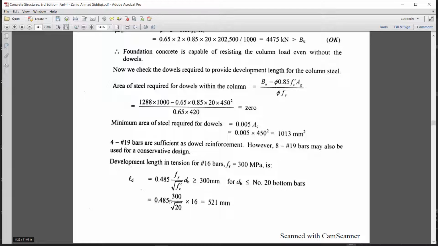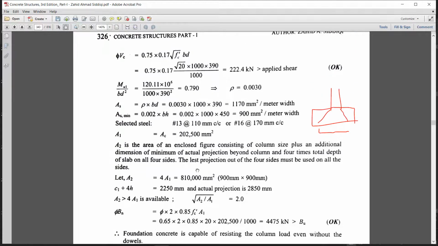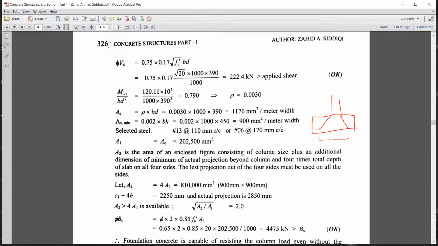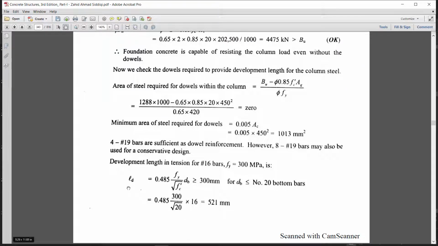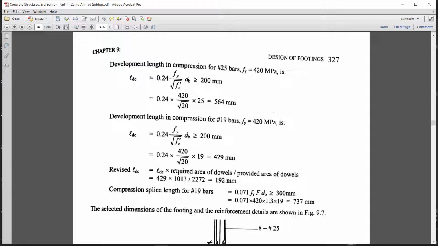In our design, number 16 bar will be used here, as we have calculated. How much development length is needed for number 16 bar? Here is the development length formula, 0.485 fy over fc prime, times the diameter of bar. You will put the diameter of the bar and get the development length in tension.